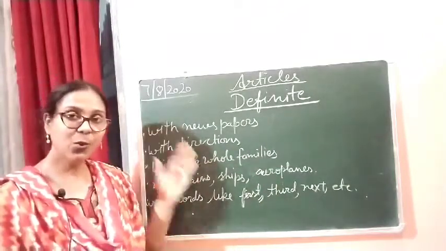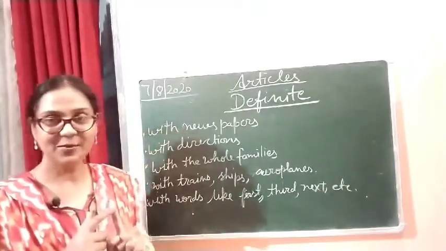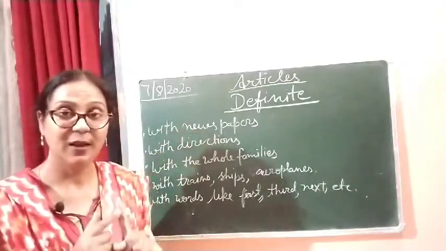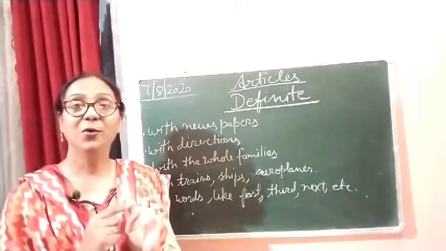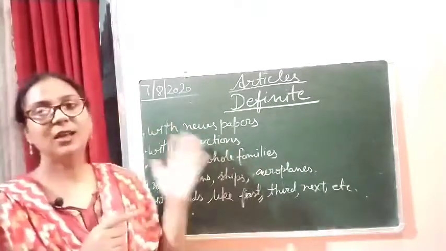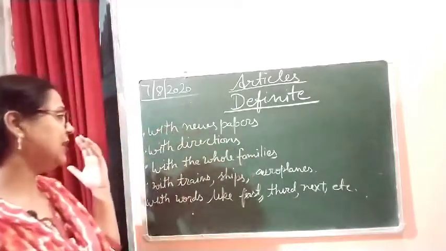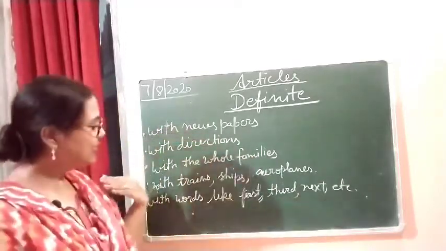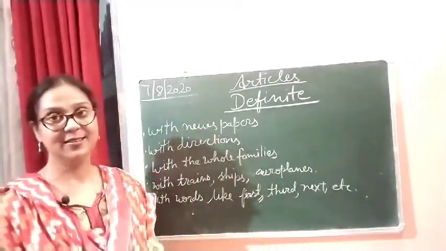So there are so many uses of 'the'. Specifying something, before monuments, famous books or religious books, before any unique things, newspapers, or all directions, and with many things we are supposed to write 'the'.